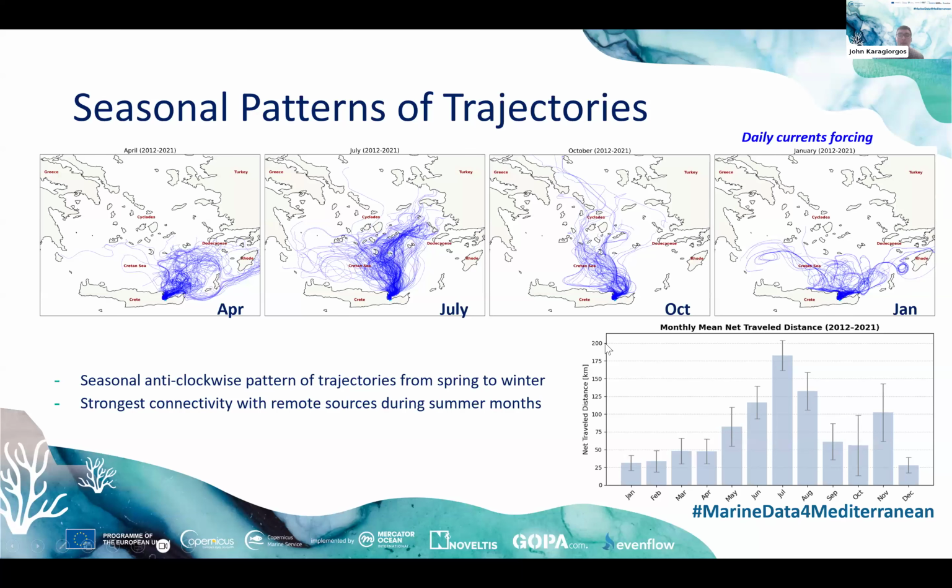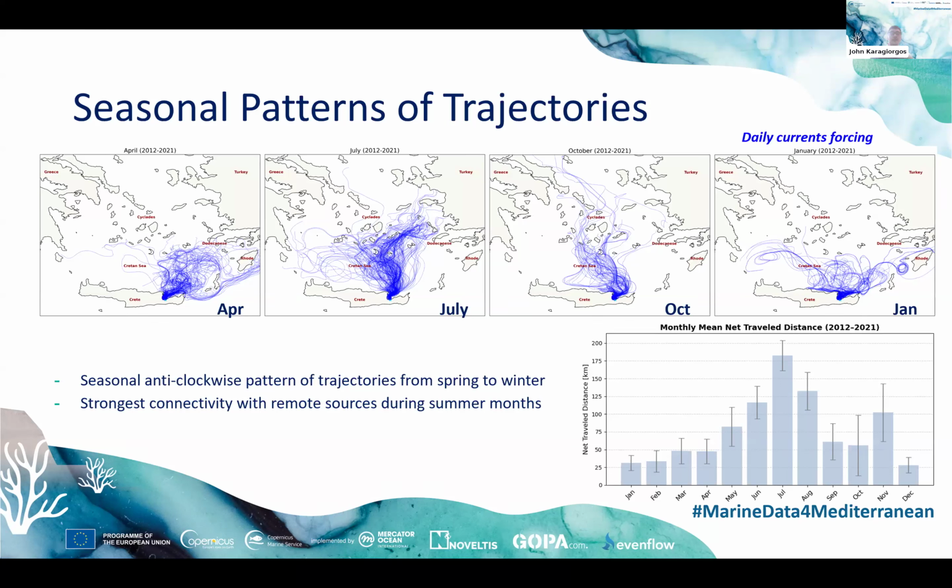Next, looking at the bottom panel, we found that the strongest connectivity linked to the remote sources occurred in summer months, where the average travel distance for our particles can reach up to 200 kilometers.